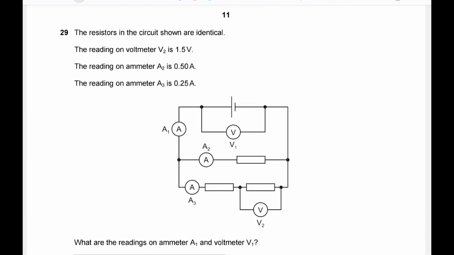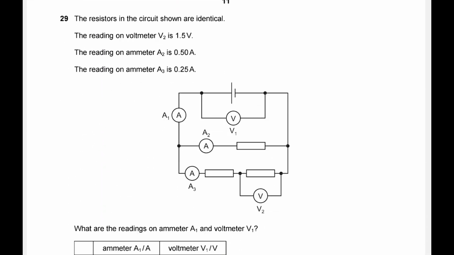Continue to number 29. The resistors in the circuit shown are identical. The reading on voltmeter V2 is 1.5 volt. The reading on ammeter A2 is 0.5.